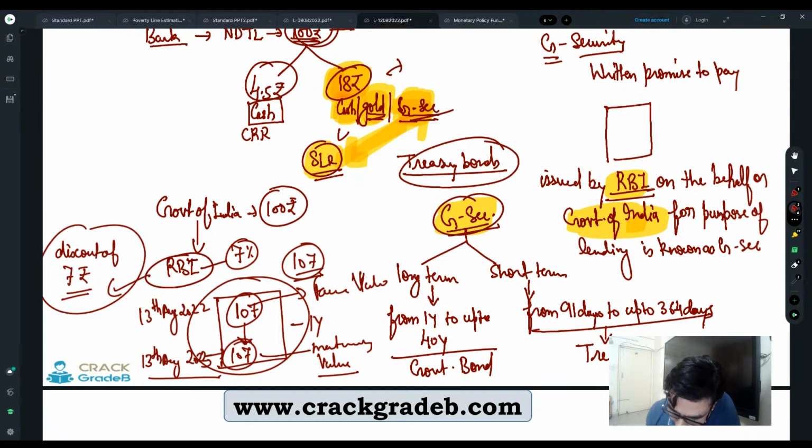Yes, Mr. BBT, is this paper bearing any interest? Answer. Face value is 107. Maturity value is 107. Is this paper bearing any interest?